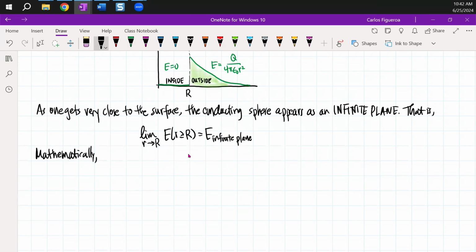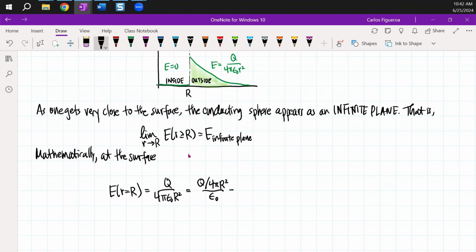So mathematically, at the surface, the electric field E of little r equals big R is q divided by 4 pi epsilon r squared, which is the max field. But if I rearrange this term, look what I see: I get q divided by 4 pi r squared, divided by epsilon naught.